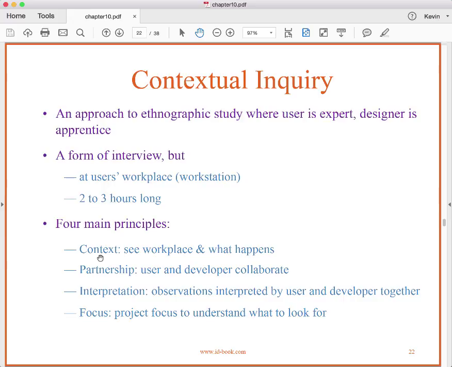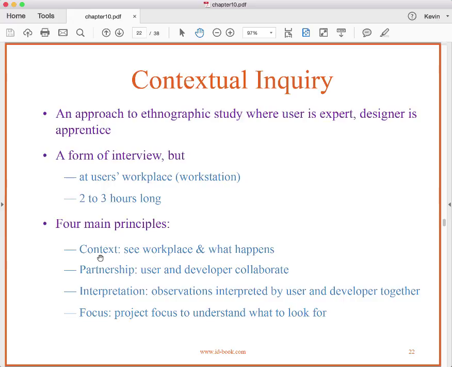One approach that was talked about in the chapter that's particularly interesting is called Contextual Inquiry. It's an approach to ethnographic study where the user is the expert and the designer becomes the apprentice. So this whole role of the designer as becoming an apprentice is a hallmark of the contextual inquiry approach.